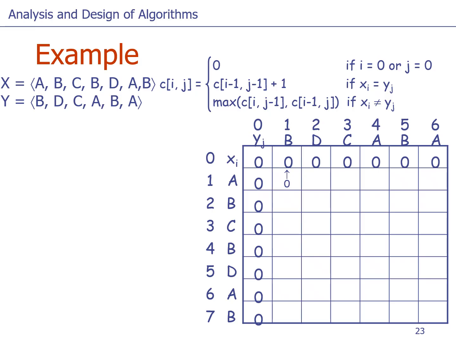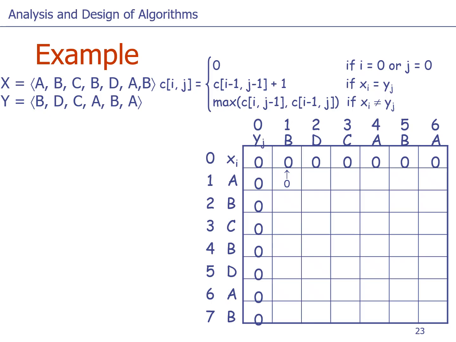Okay? So C[i][j-1], I is referring to the row. So if I keep the I as is, I'm still in the same row, but if I say j minus 1, then I'm going to a different column. So it is basically the first cell in row number 1 on the x-axis, or in the x sequence.